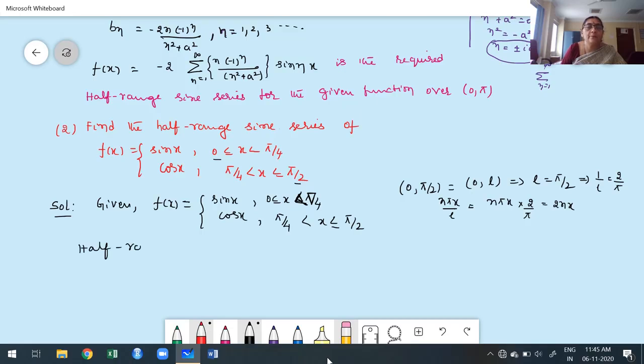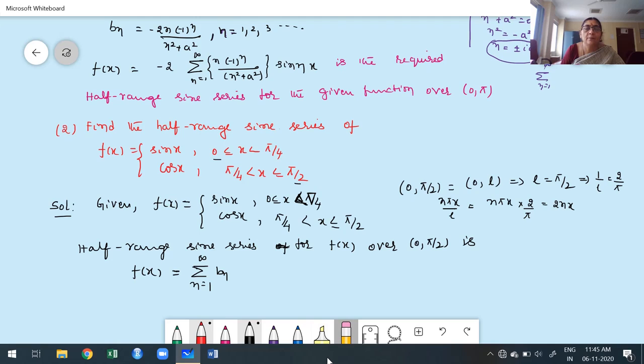Half range sine series for f of x over 0 comma pi by 2 is f of x is equal to summation n ranging from 1 to infinity bn sine of 2nx, where what is my bn formula? 2 by L. What is my L?